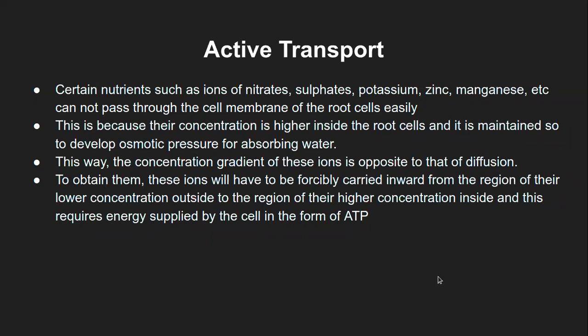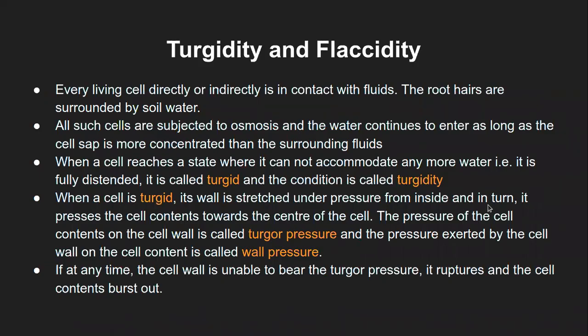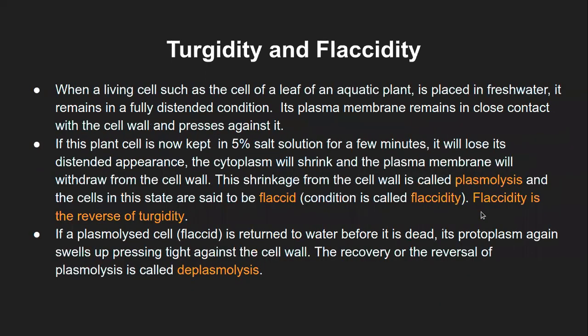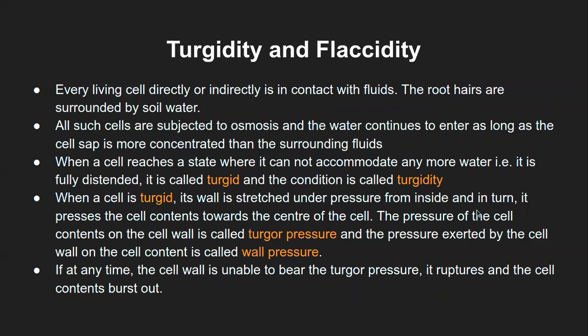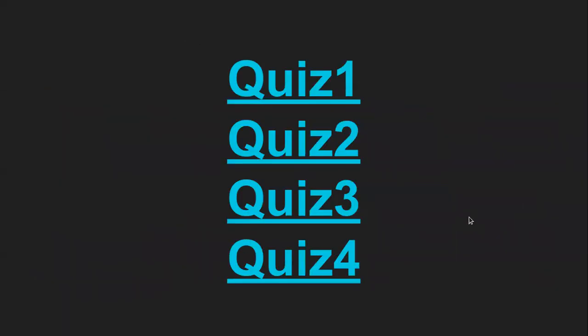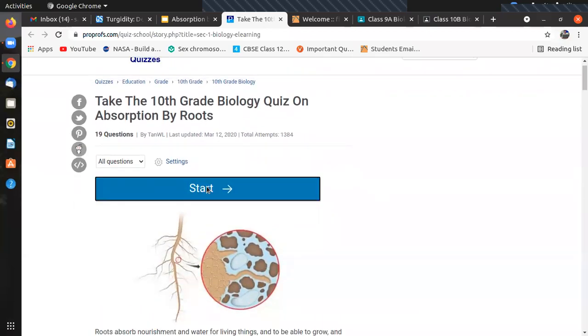Okay, so if there are no questions, I was thinking we can have a quiz. Let me see how much is this. Not a good idea to start here. Okay, let's do a quiz instead of going to turgidity and flaccidity. And now I will ask you questions. 10th grade.